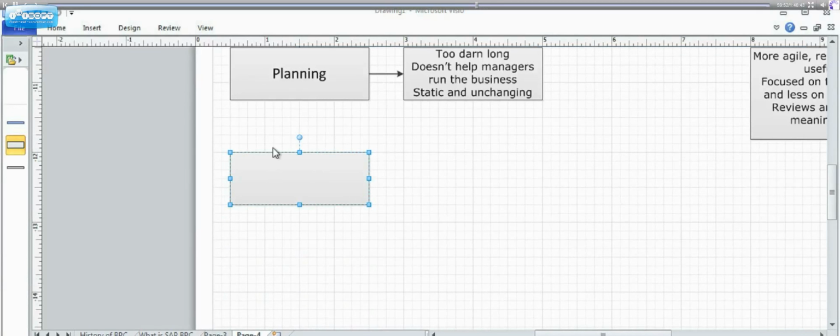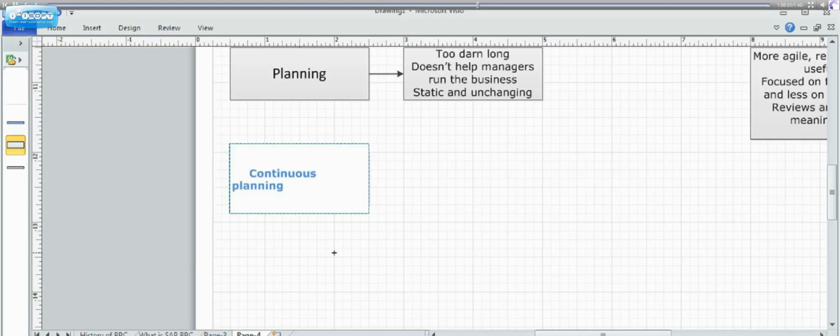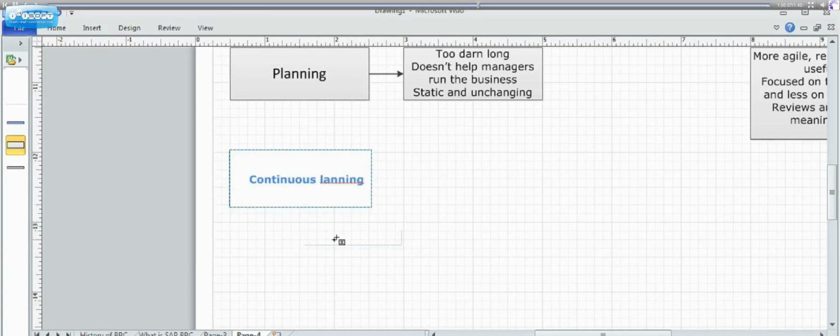That is called continuous planning. I mean, BPC has always encouraged and helped organizations to make continuous planning.